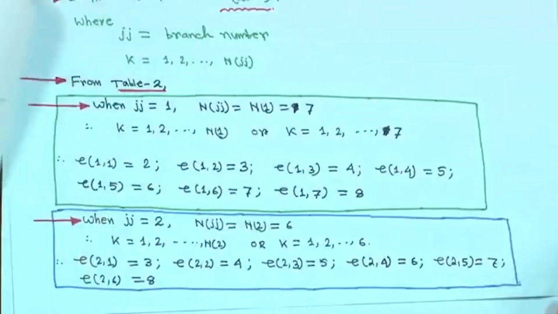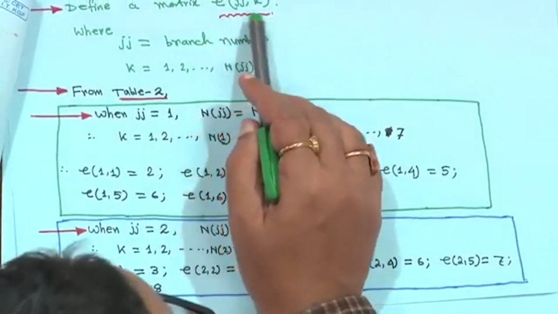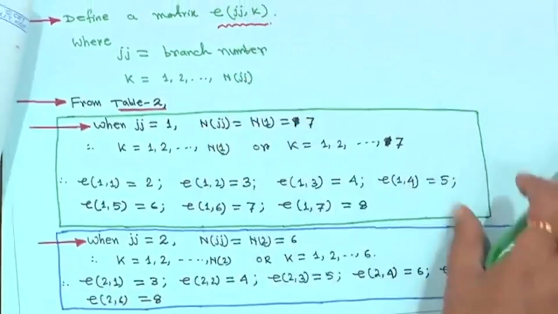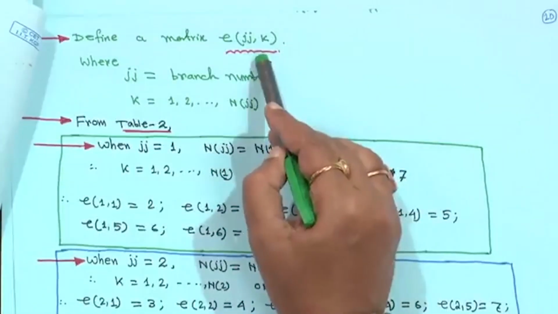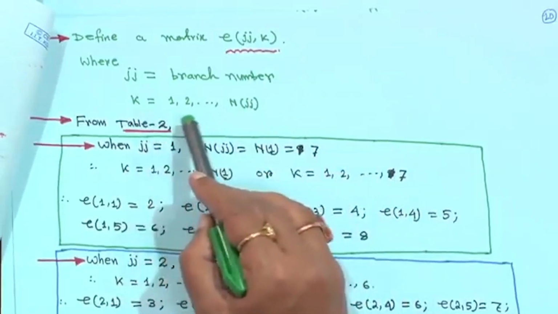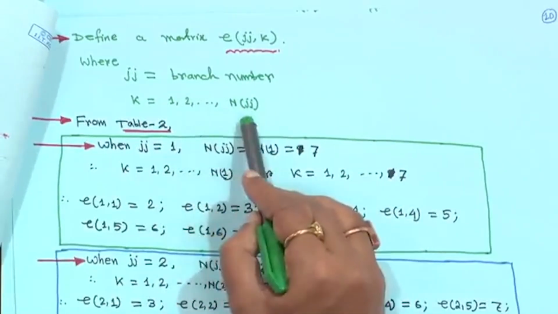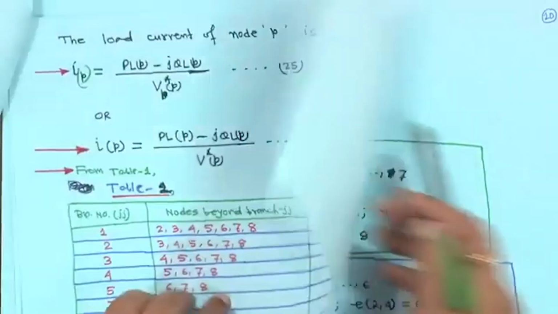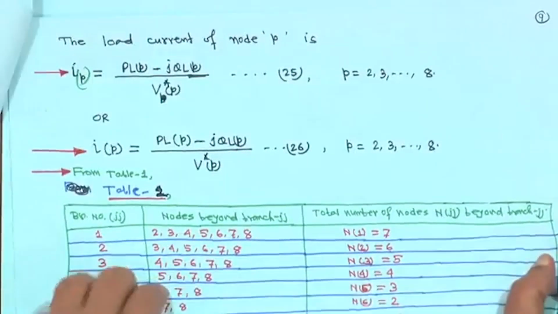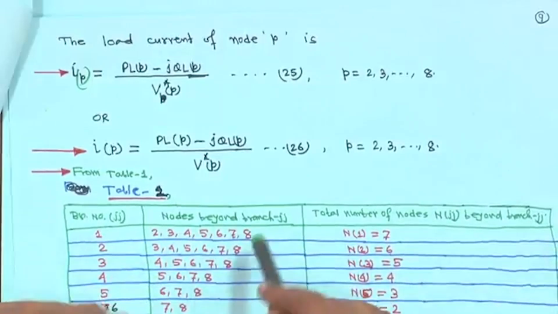So you have to put this in an array, in a matrix form, that will be better. So what do we define? We define a matrix E, that is E(JJ,K), where JJ is the branch number and K will vary from 1 up to nJJ, right. That means this whole thing is actually a matrix.